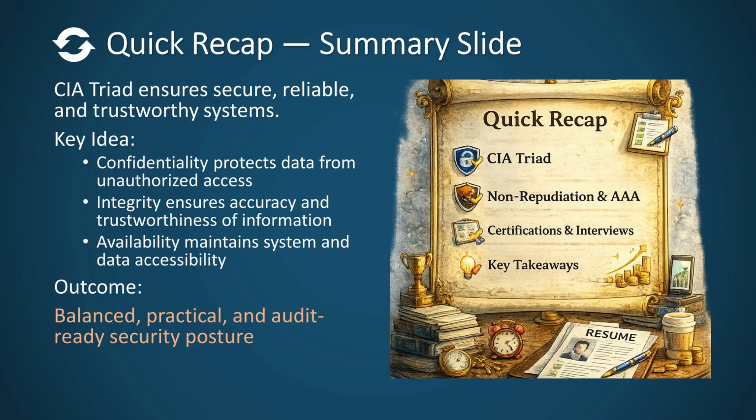Confidentiality, integrity, and availability must align with business objectives. Too much focus on one pillar can weaken the others. For example, excessive confidentiality controls may reduce usability, while prioritizing availability without safeguards can compromise security. Risk-based decision-making helps organizations strike the right balance.